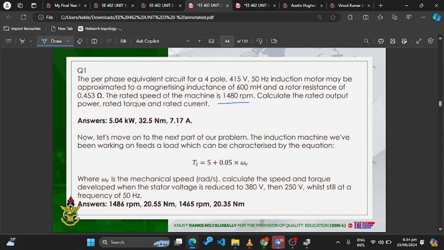Calculate the speed and torque developed when the stator voltage is reduced to 380. Initially we have 415. Now we are reducing the voltage to 380. So I'm just going to solve for the 380. You use that same method to solve for the 250, while still at a frequency of 50 hertz.